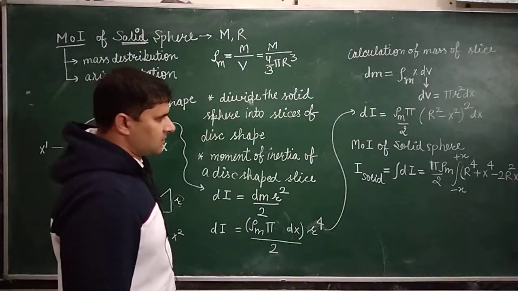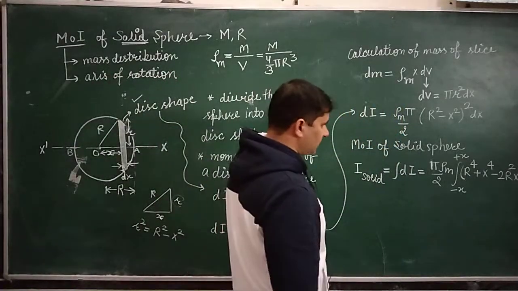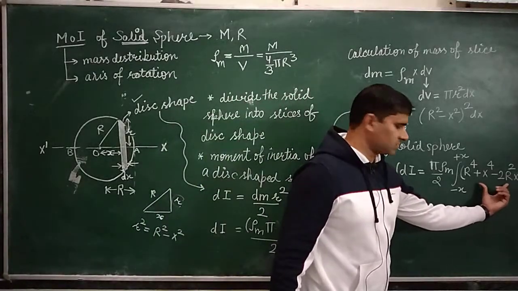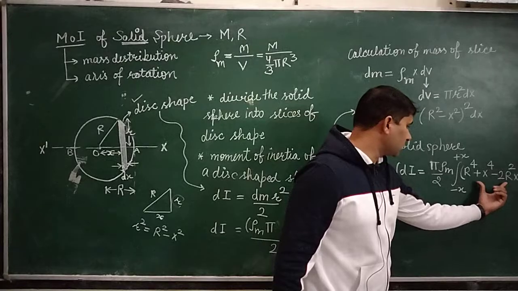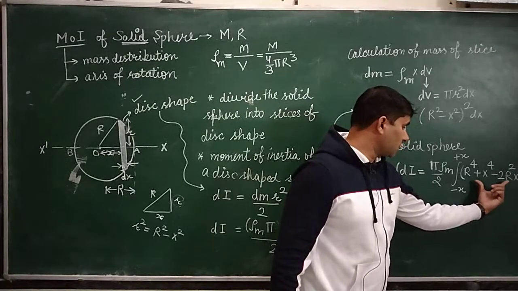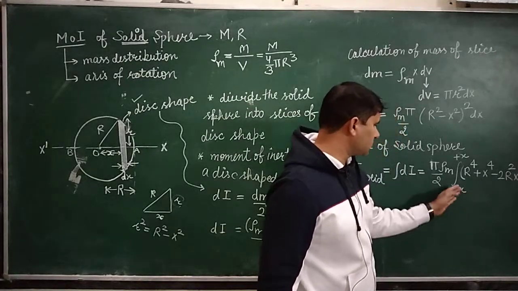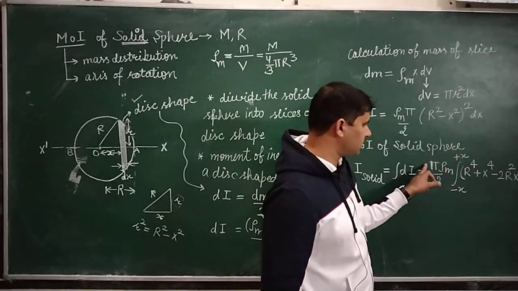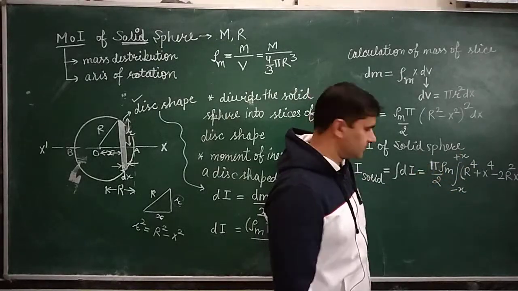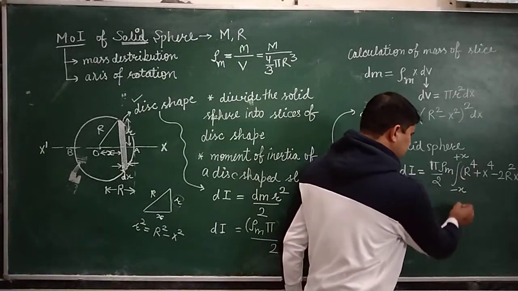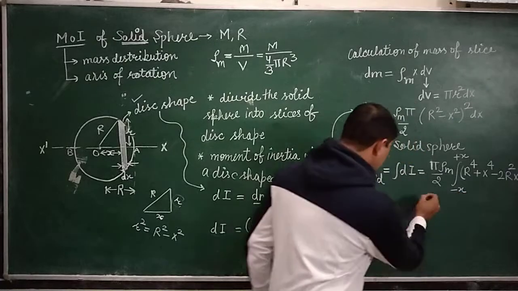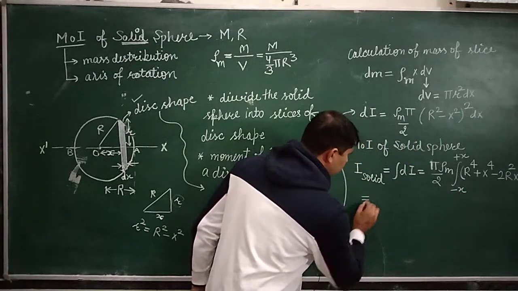Okay, and now you are to integrate it. You can see this is an even function, so you can change the limits of integration from 0 to plus x, and you can write 2 here. If I make that change, then you will get I of the solid sphere.